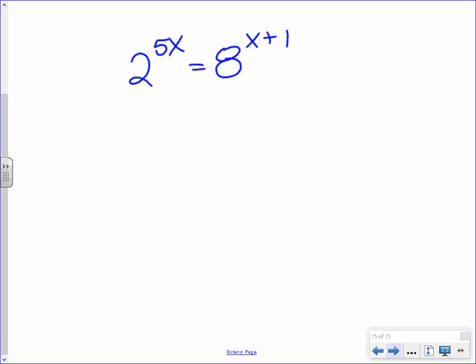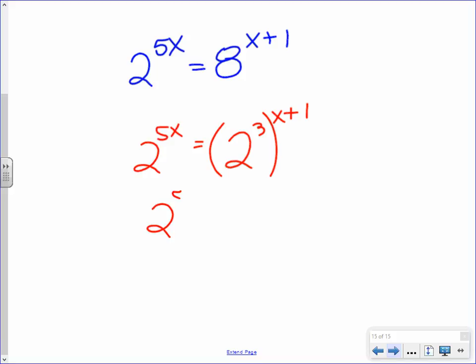So Gabe, how could we rewrite 8? Okay, we could rewrite 8 as 2 cubed. And that gets raised to the x plus 1 power. Okay, so now we have 2 to the 5x equals 2 to the 3x plus 3. Now we have the same base.